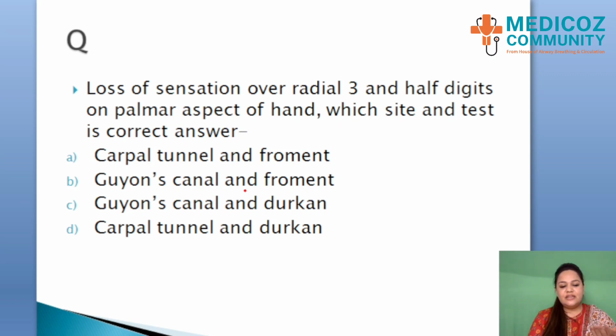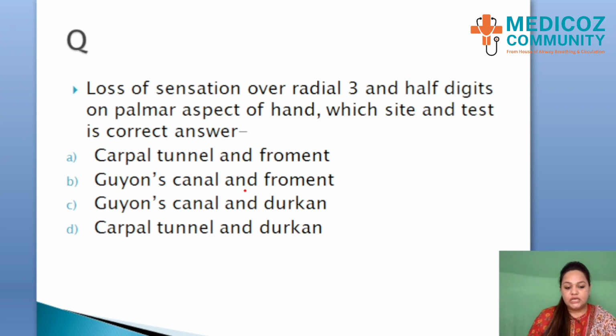This is a very simple question here. Clearly the median nerve is affected here. There is a loss of sensation over the lateral 3.5 digits on the palmar aspect, and the medial 1.5 digits on the palmar aspect are supplied by the ulnar nerve. So clearly this is a case of median nerve injury.